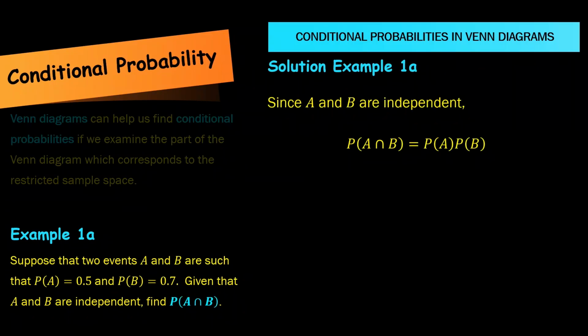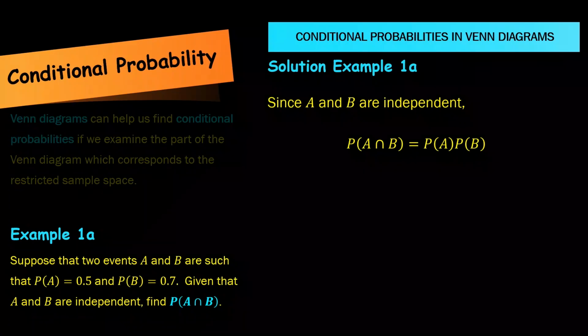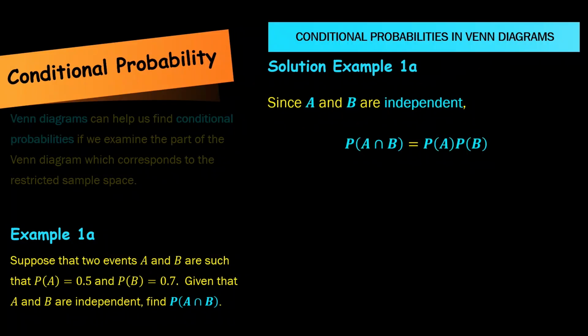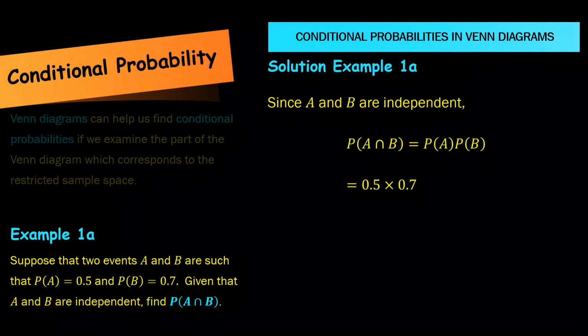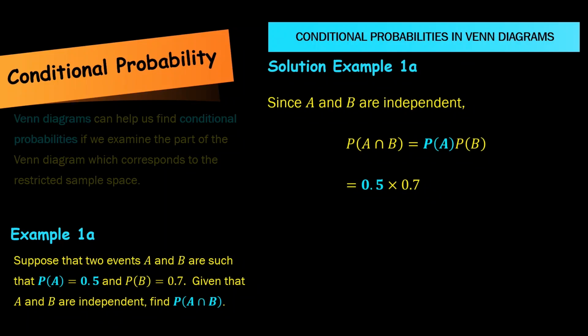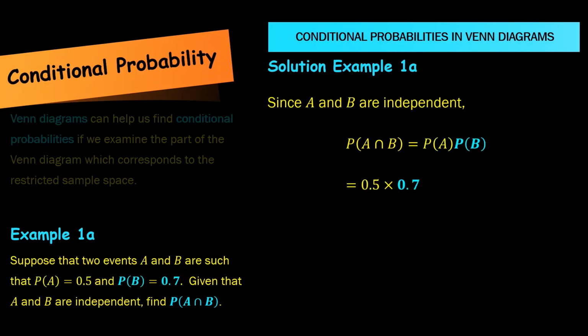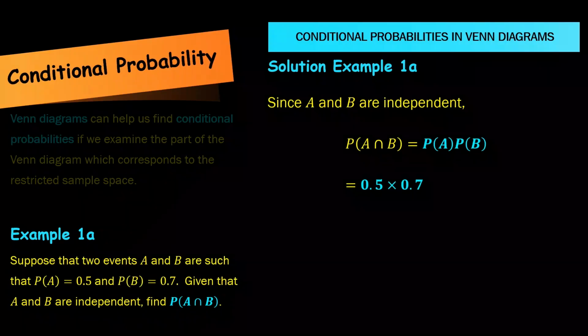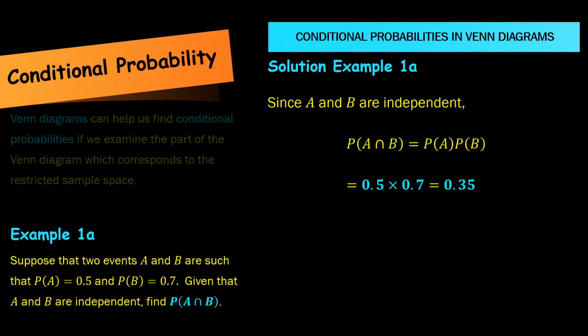Since A and B are independent, we have that the probability of A intersect B equals probability of A times probability of B, which equals 0.5 times 0.7, and this equals 0.35.